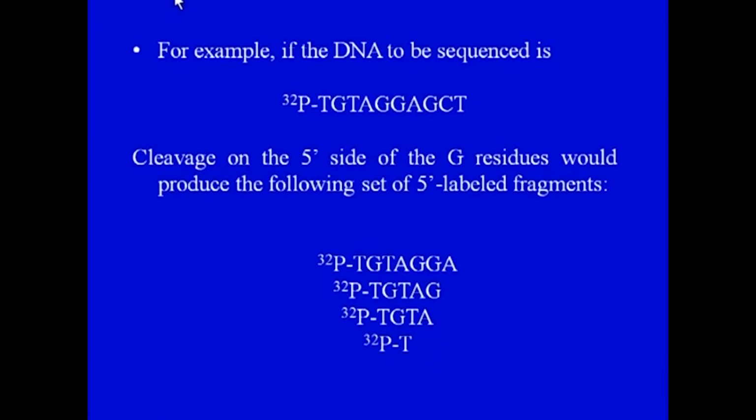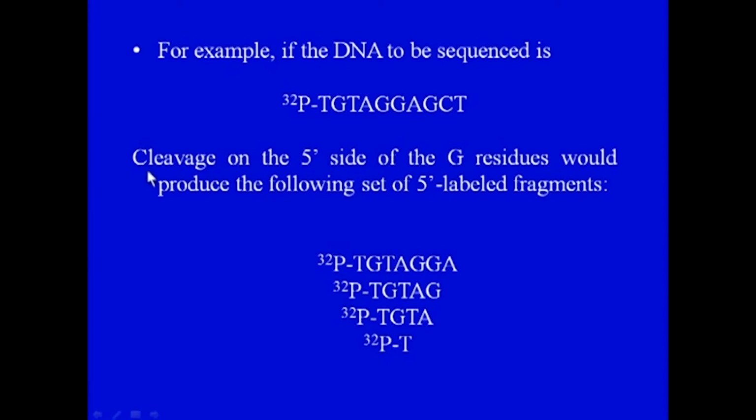For example, if this is the DNA which needs to be sequenced, it is labeled at the 5 prime end with 32P. Always remember, the left hand side is 5 prime and the right hand side is 3 prime, unless it is specified. Now, take cleavage on the 5 prime side of a G residue, for example. One cleavage will occur after T and before G, and you will get different fragments.